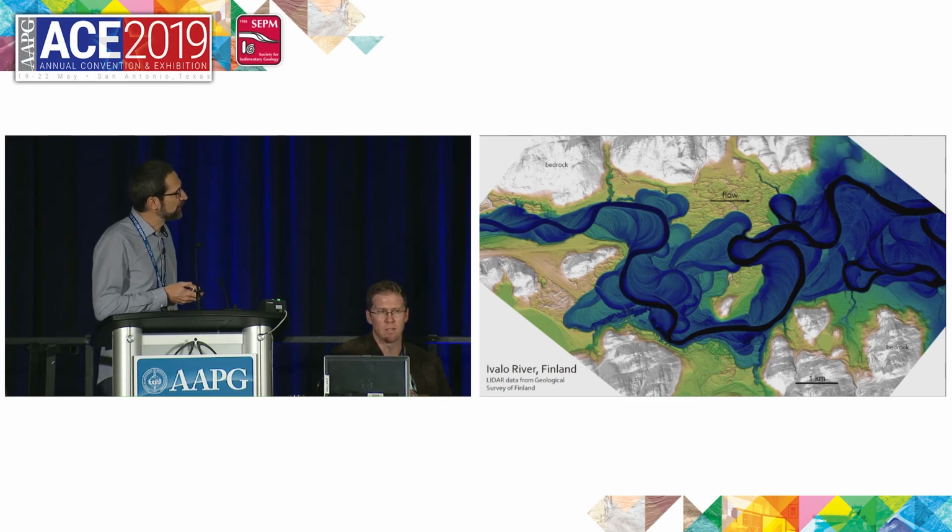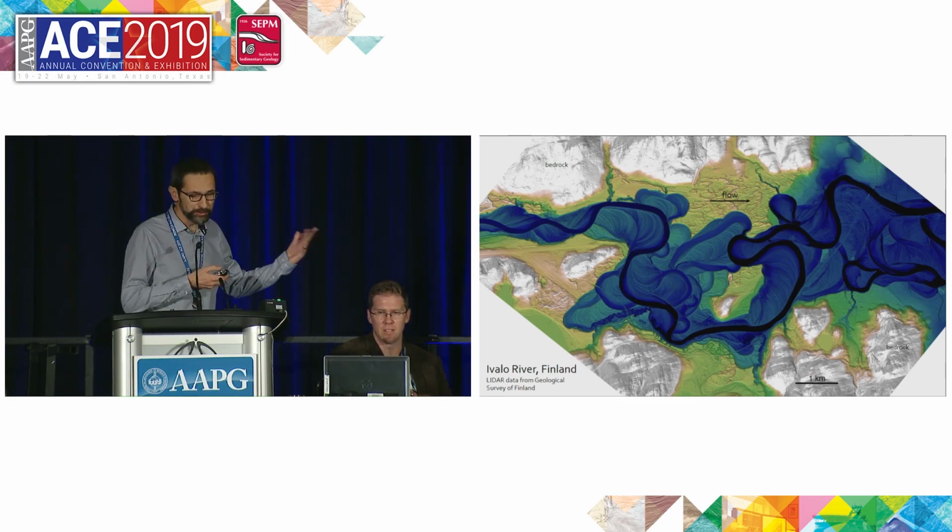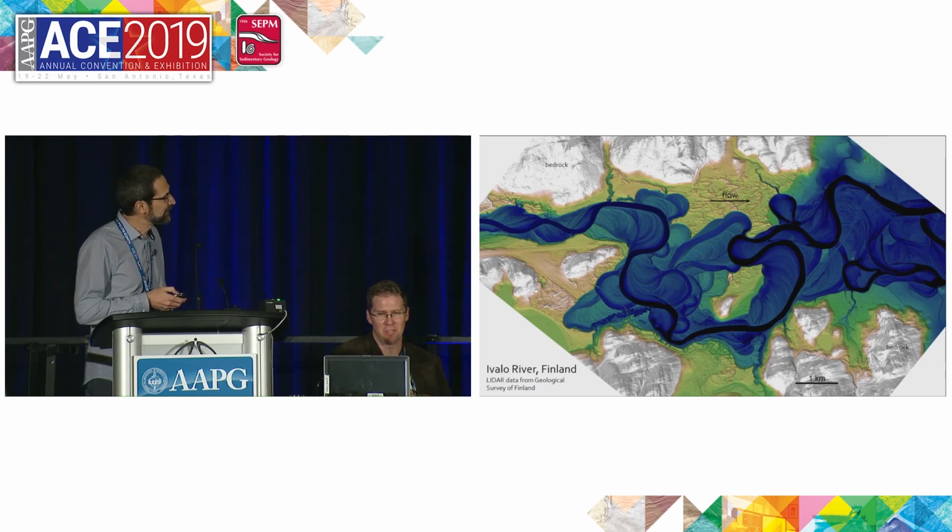Finally, I will talk about something I know something about, and that is modeling pore-space distribution in meandering rivers. And here is one LiDAR image from the Ivalo River in Finland.